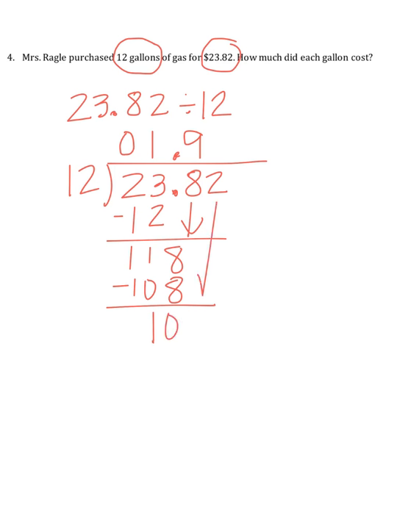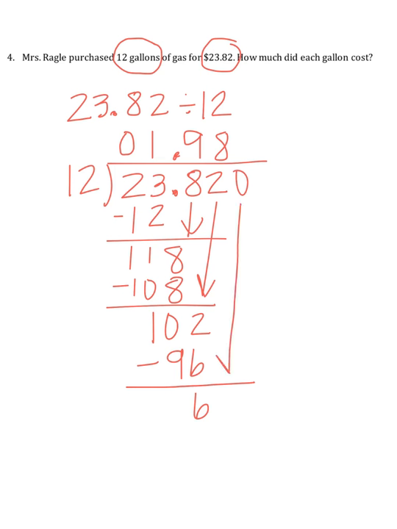Bring down our 2. 12 goes into 102 8 times. 8 times 12 is 96. We subtract. We need to add a 0 and bring it down. 12 goes into 60, a nice even 5 times. And 23 and 82 hundredths divided by 12 is 1 and 985 thousandths.